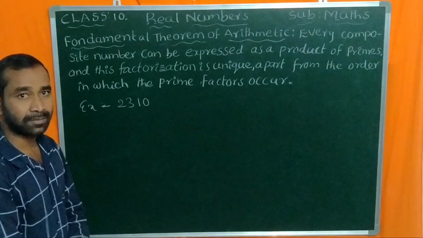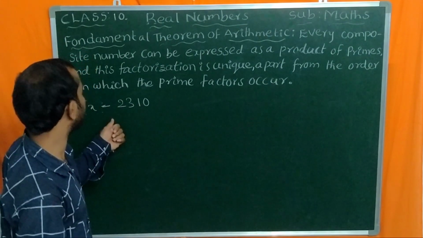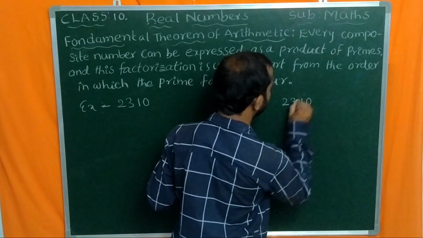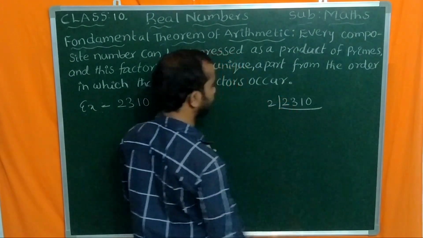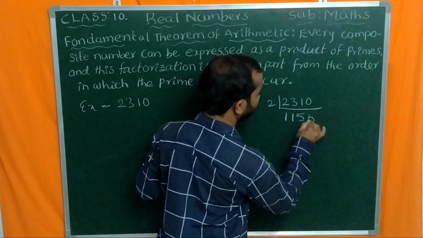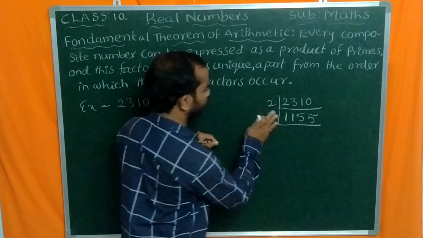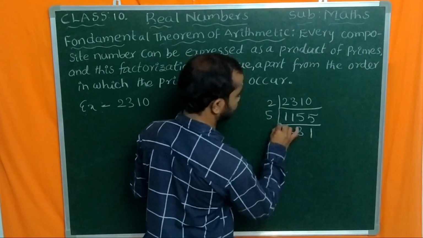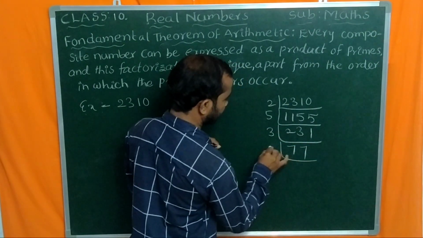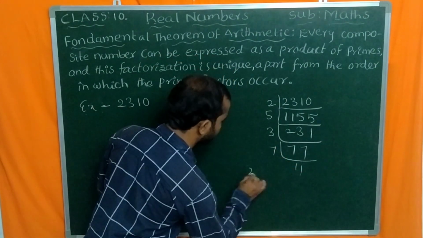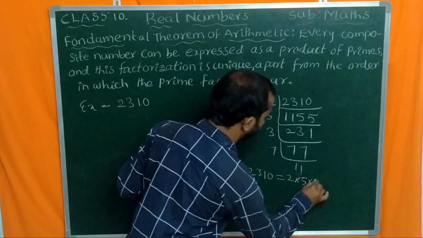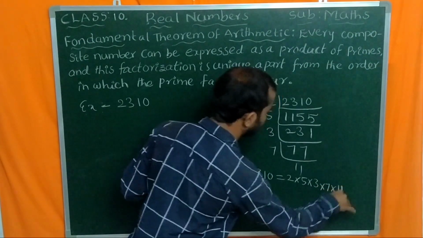2310 is one of the composite numbers. In this composite number, we can express the prime factors. 2310 can be written in terms of prime factors: 2, 5, 3, 7, 11.